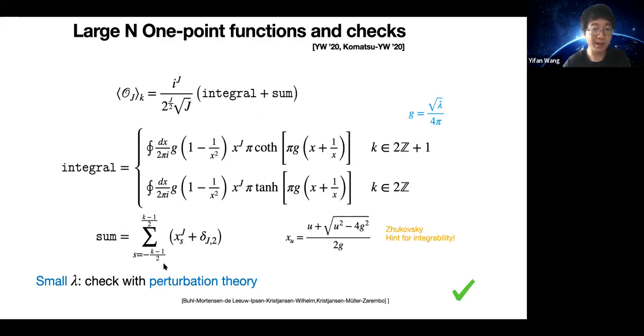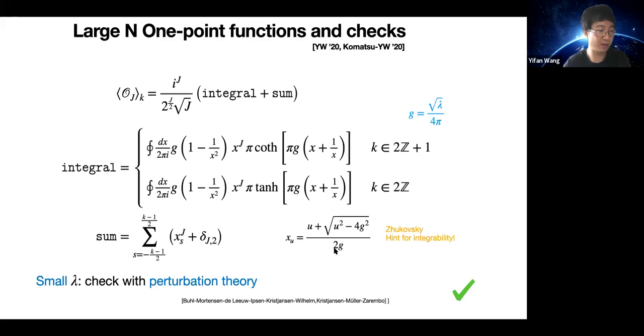And the sum has an interesting structure. It's a sum over k terms. The physical interpretation of this sum structure we will come to later in the integrability part of this talk. But I also want to point out that this variable x_s is the so-called Joukowsky coordinates, Joukowsky variables, which is related to the 't Hooft coupling in the following way.